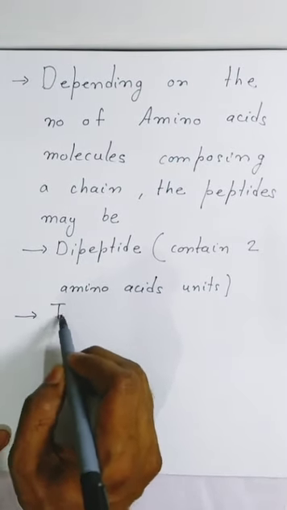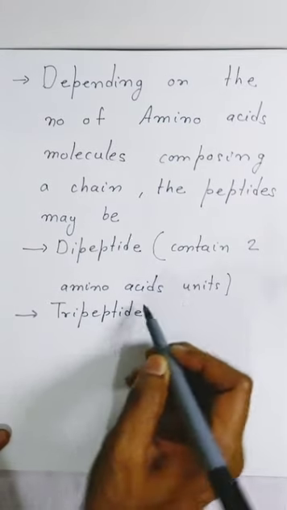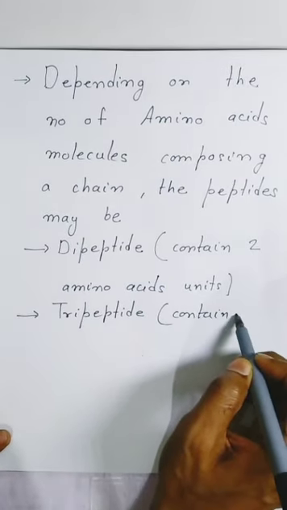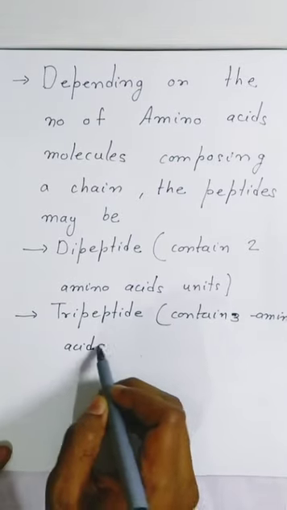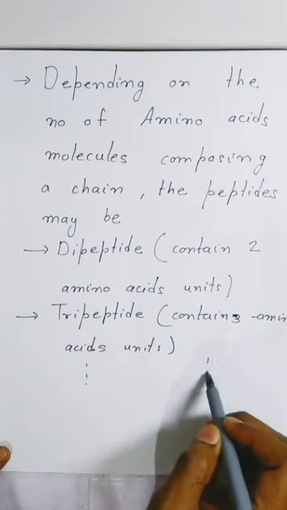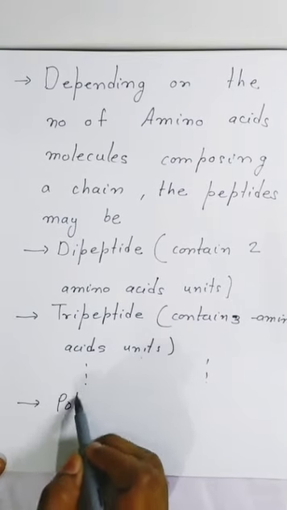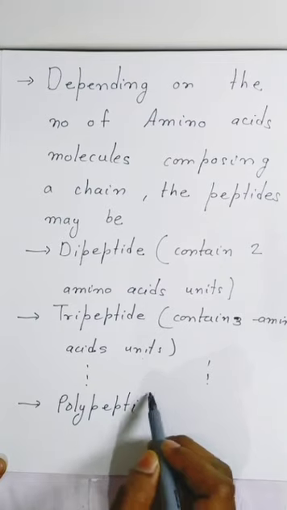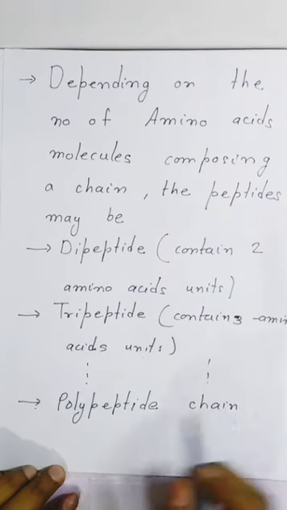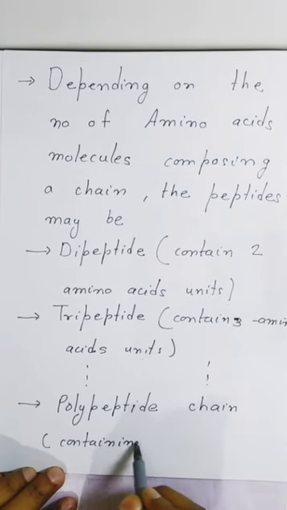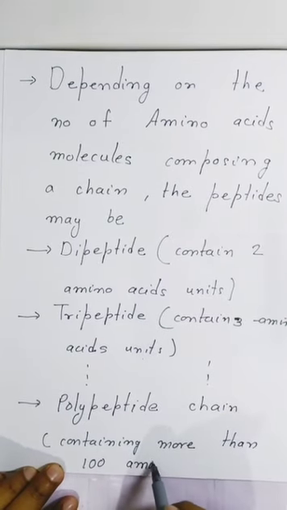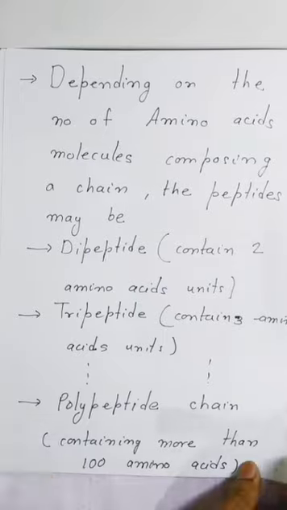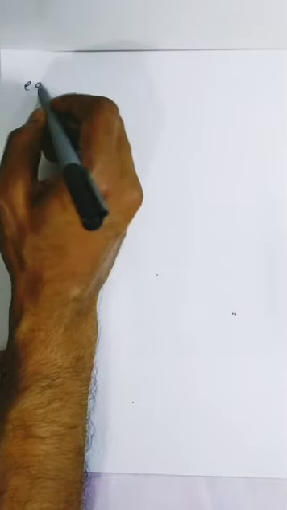Sometimes it forms a tripeptide. At that time it contains three amino acid units, and so on, and finally it will form a polypeptide chain containing more than 100 amino acids. Proteins, for example, students, insulin.